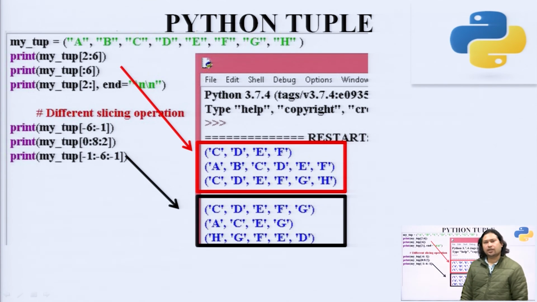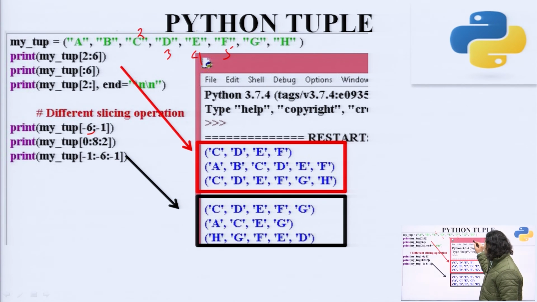You can verify the outputs once you have decoded all the concept behind the slicing. You can see from 2 to 6 we are going from 2 to 3, 4, 5. So, this is your output C, D, E, F. The same way here you can see we are going from minus 6 to minus 2.